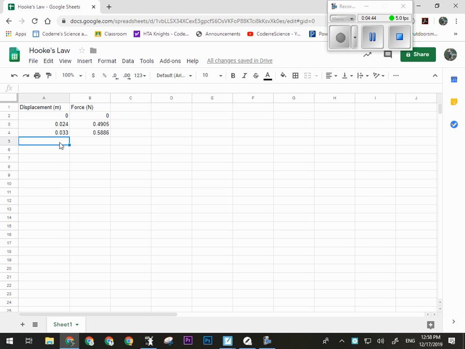Now, when I keep adding mass, this thing should keep getting longer in what kind of a fashion? Yeah, it should be linear. Hope so anyway. I'm going to add another 10 grams. I'm going to take the 10 gram one off and just put a 20 on here.